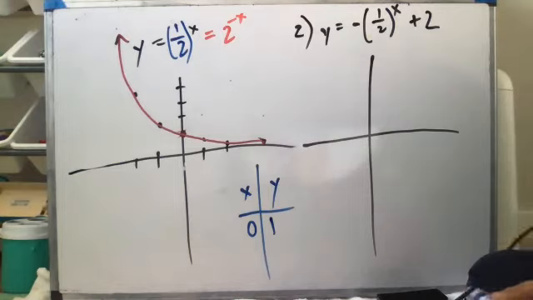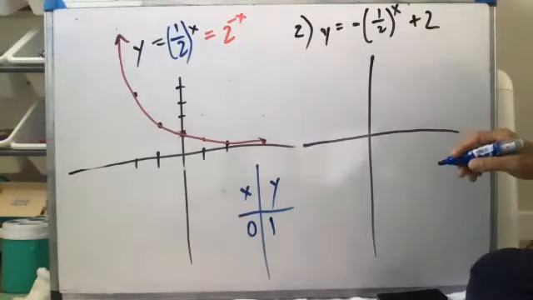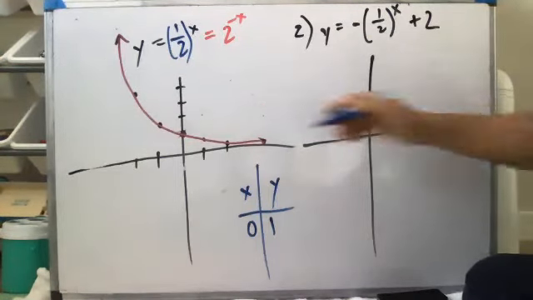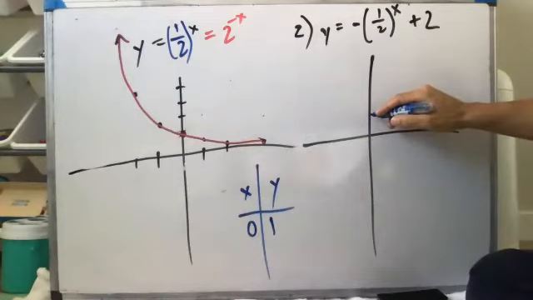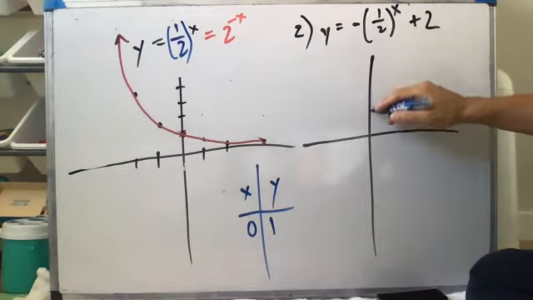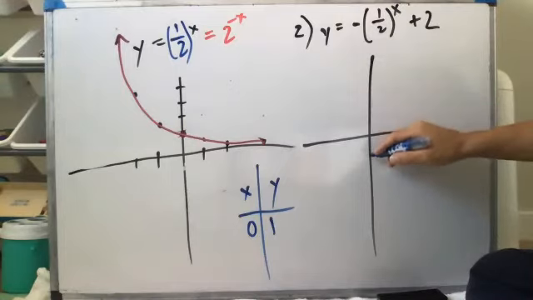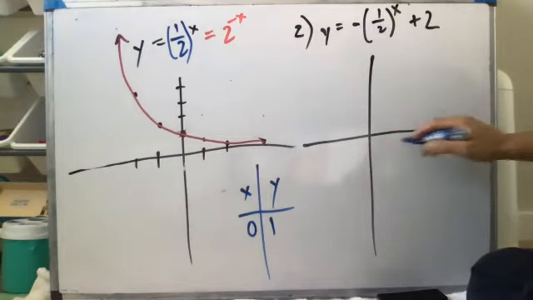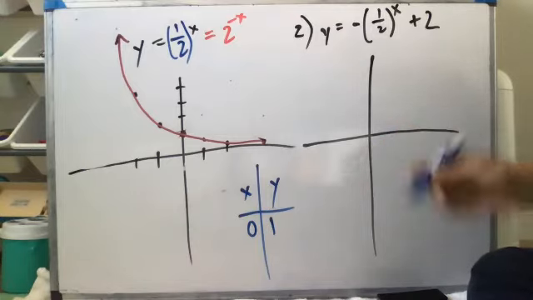Okay, let's see. So my original graph, this one, from my position, it's going to be +2. Wait. Reflected means it goes this way. And then +2.